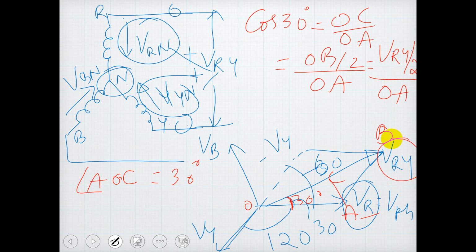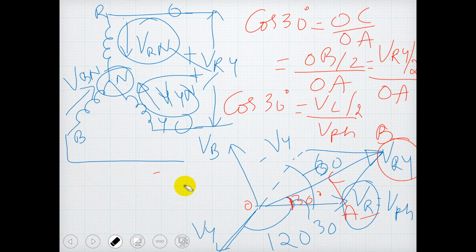So now we can write cos 30 is equal to VRY, which is V line, divided by 2, divided by V phase. So further, let me continue this equation here. Now what is cos 30? Root 3 by 2.